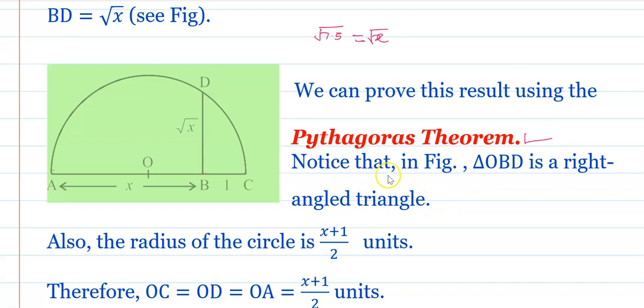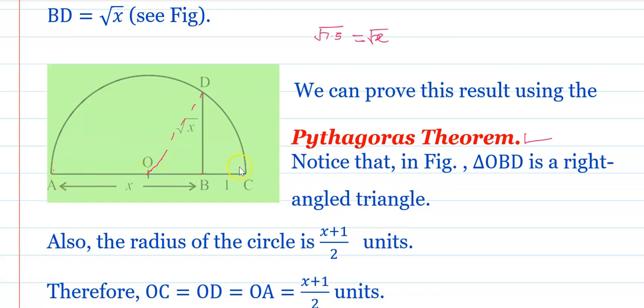Notice that in figure, OBD is a right angle triangle, and this is its hypotenuse. It is nothing but the radius of the circle. How to find out the radius?